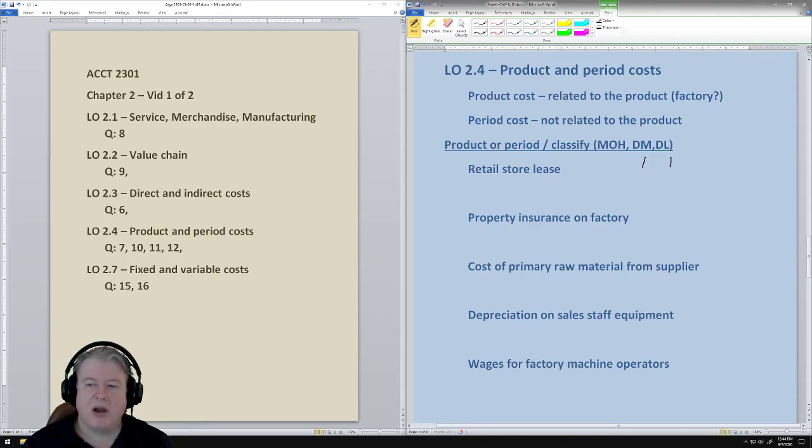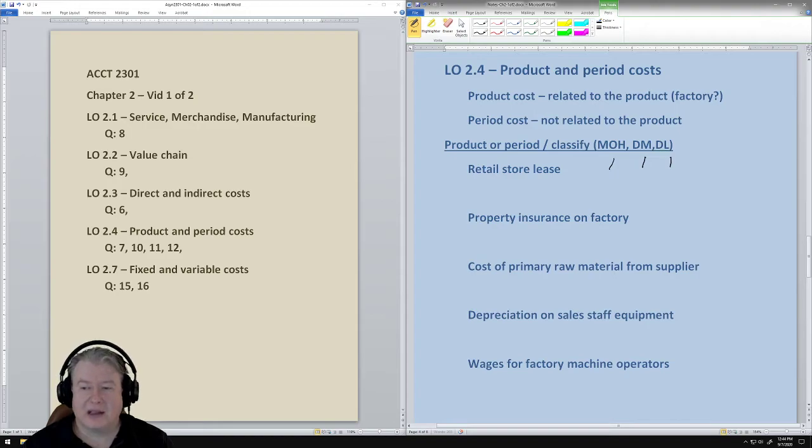Now there's going to be a whole bunch of indirect stuff, both material and labor. So the nails, that's an indirect material. Let's say there is a supervisor. A supervisor is someone who is not necessarily working on any individual product, but is supervising all the people in the manufacturing environment.